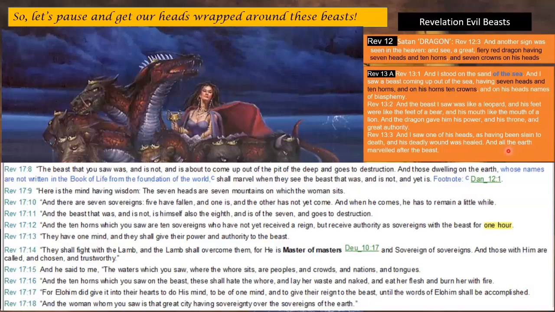So the big picture of Revelation is a war that started in the womb between Esau and Jacob, which was renamed Israel. And it's over the birthright and the blessing.